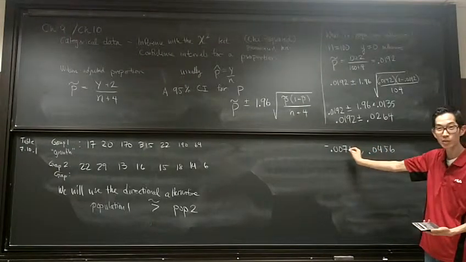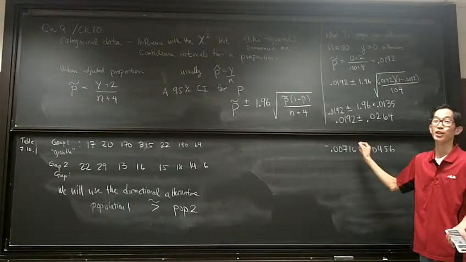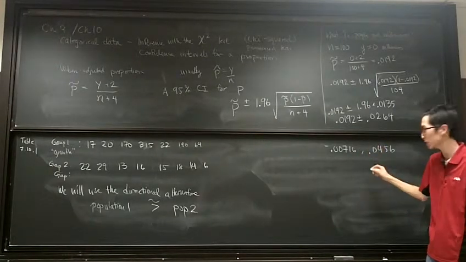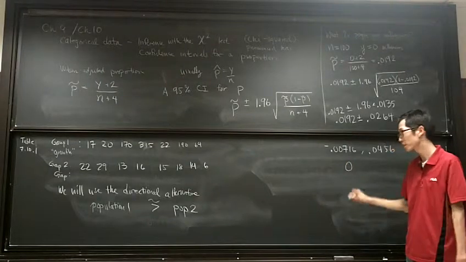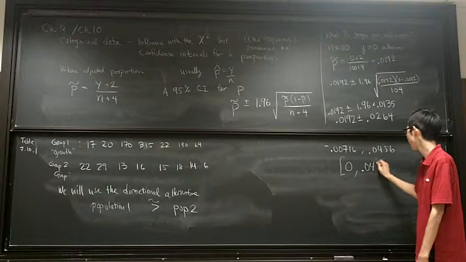I'm getting a negative number here. Sometimes that happens when you're on the extremely low side. Obviously, you cannot have a negative proportion, so you have to put 0 on that side, and then your upper end would be 0.0456.